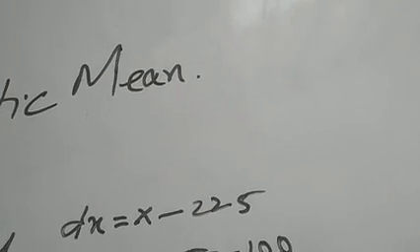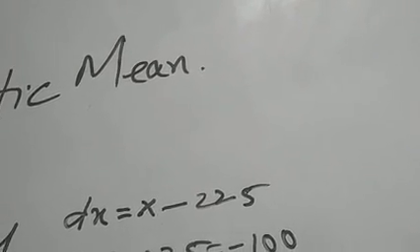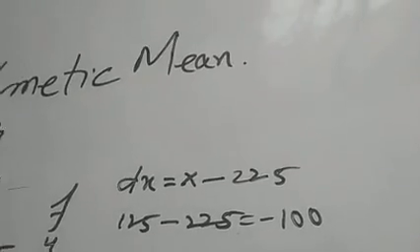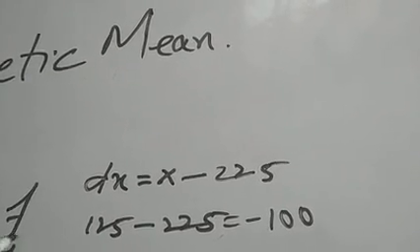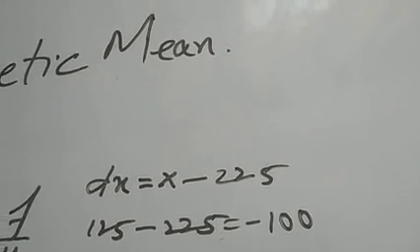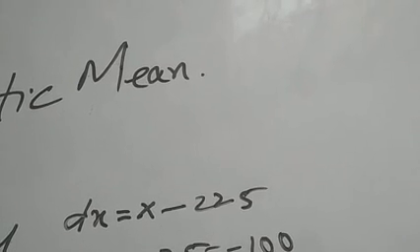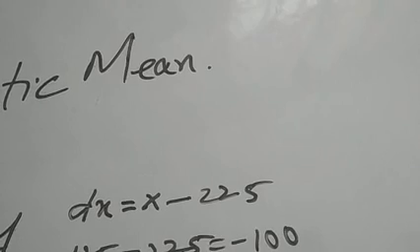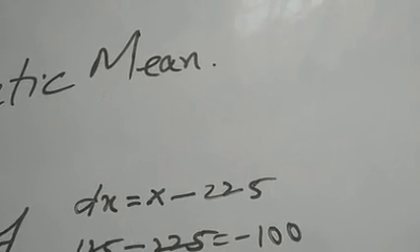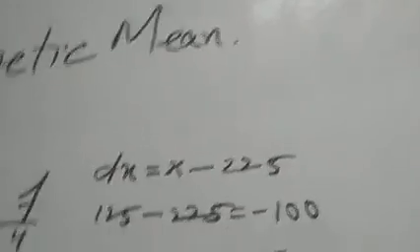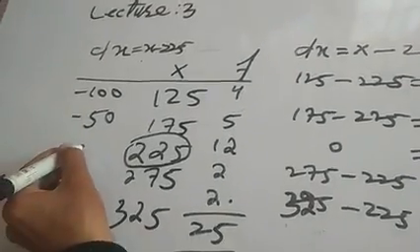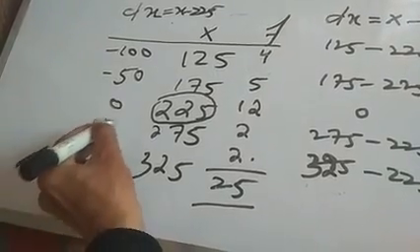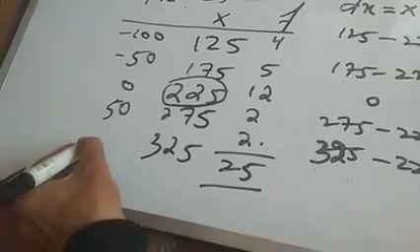Dx is equal to x minus 225, and it is this column, the dx column. What I get: minus 100, minus 50, 0, 50, and 100.